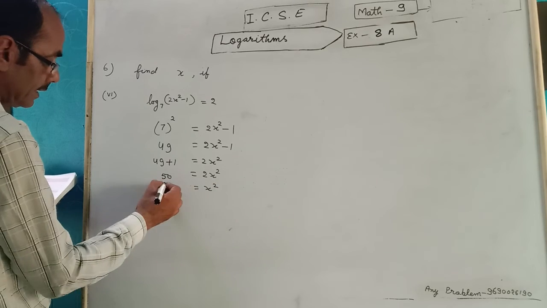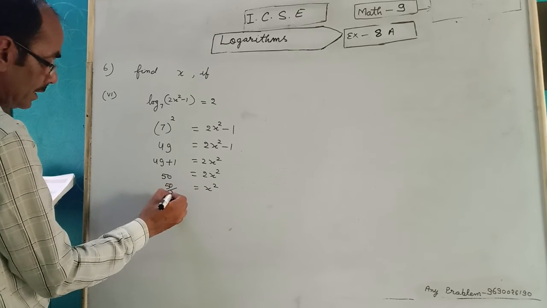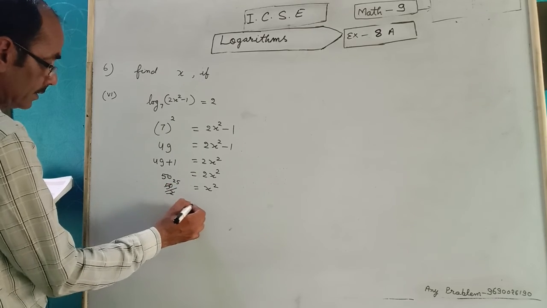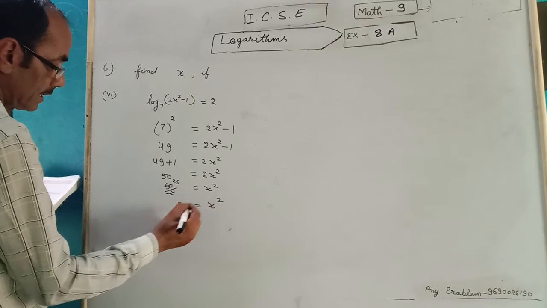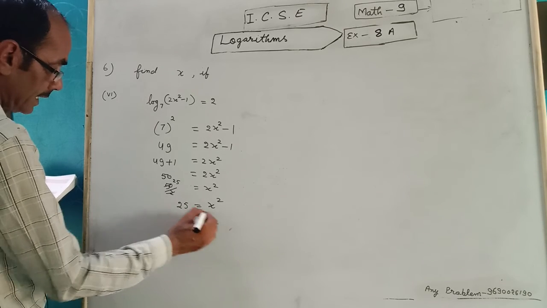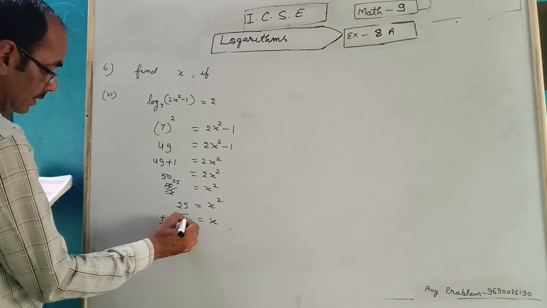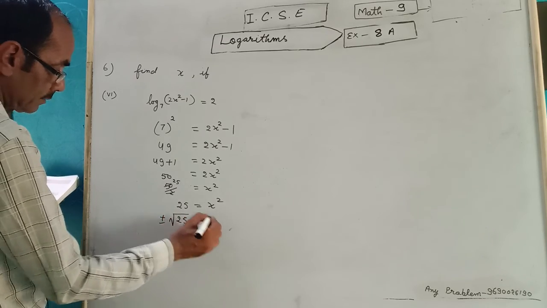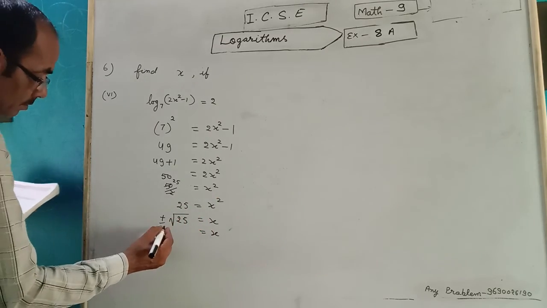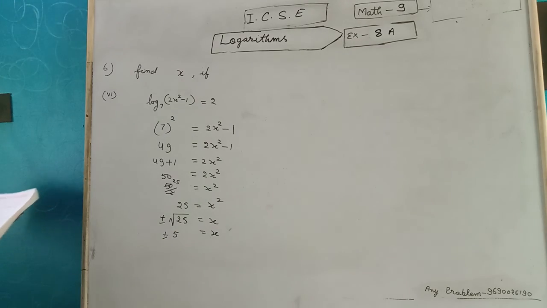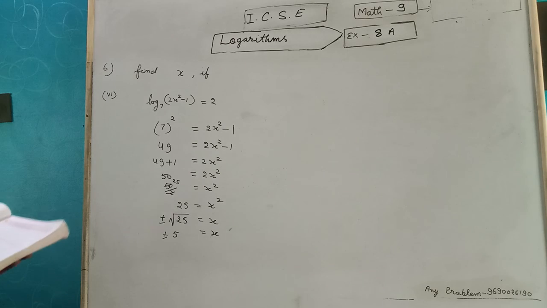X square is equal to 50 upon 2, divided by 50, 25. 25 is equal to x square. Then x is equal to plus minus 5. Sixth question is complete. Thank you.